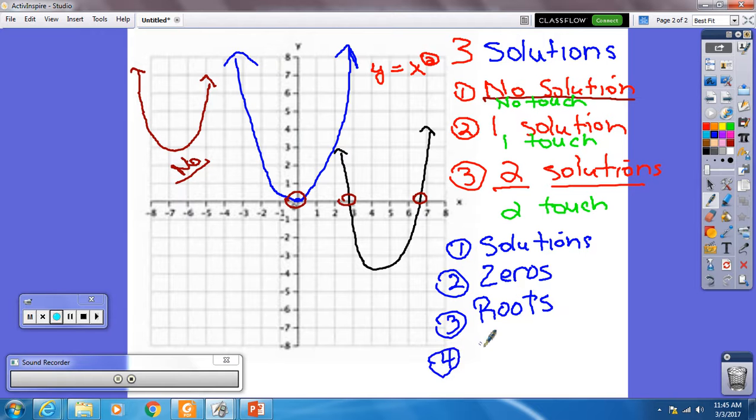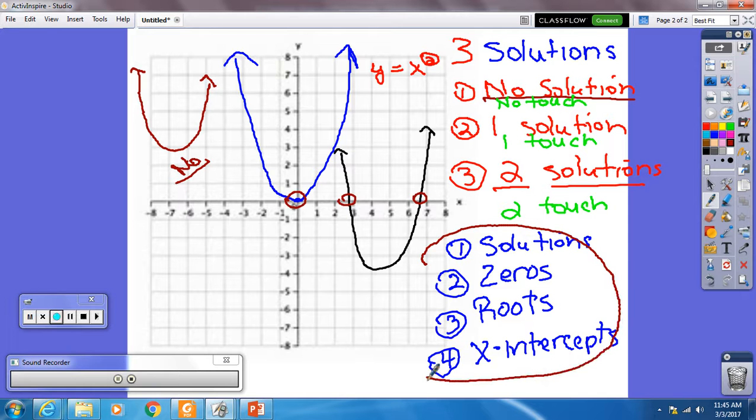And what are the x-intercepts of the function? Okay? Guess what? All of these are the same. The solutions mean the same thing. The zeros mean the same thing. The roots mean the same thing. And the x-intercepts mean the same thing, because that's actually where they're crossing the x-axis.